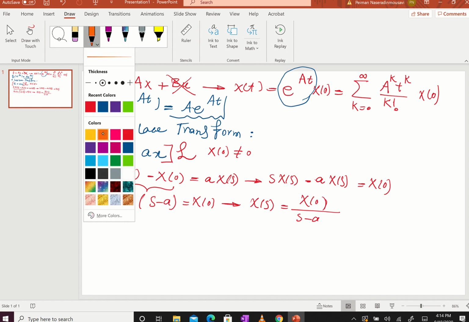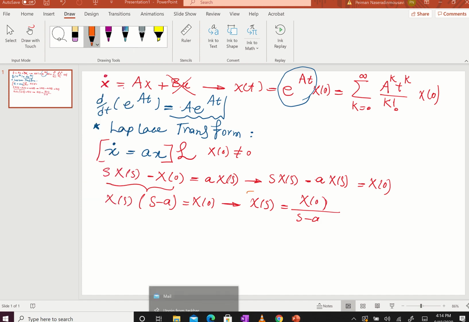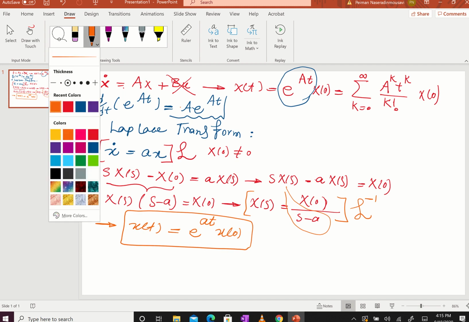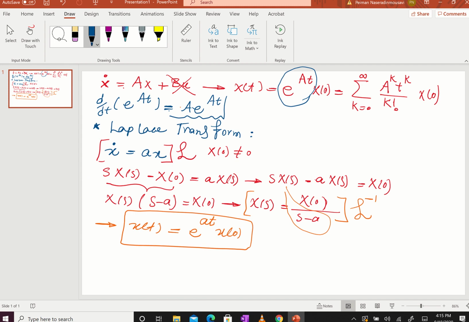But this is not useful for us because we have to go back to the time domain, so that's why we have to apply the inverse Laplace. So you get x of t equals the inverse Laplace of 1 over s minus a, which is e^(at), times x at time 0. That's right. Now what we have here is the extended version of that for state space.